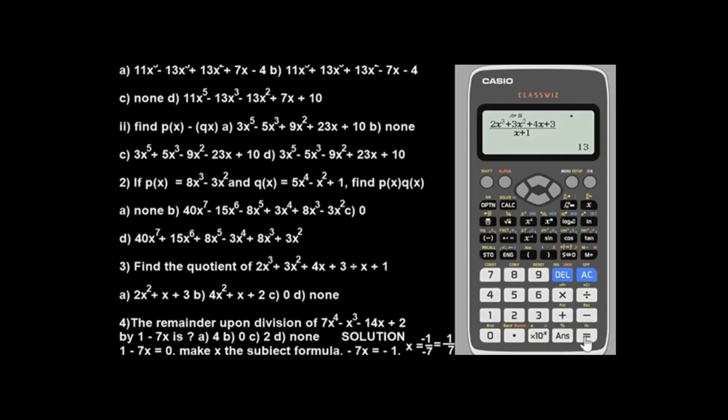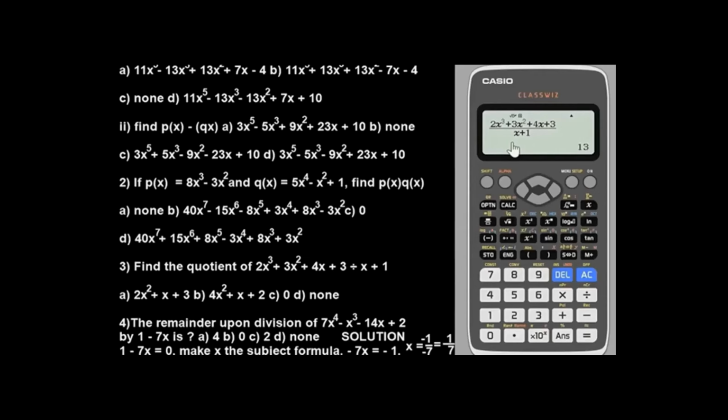Now, I want you to take note of some terms. In this division of polynomials, the number we got is what is called the quotient. The numerator values are called the dividend, whereas the denominator values are called the divisor. So that means this result, 13, is the quotient, the numerator is the dividend, and the denominator is the divisor.